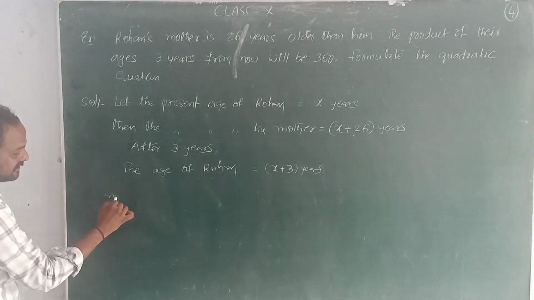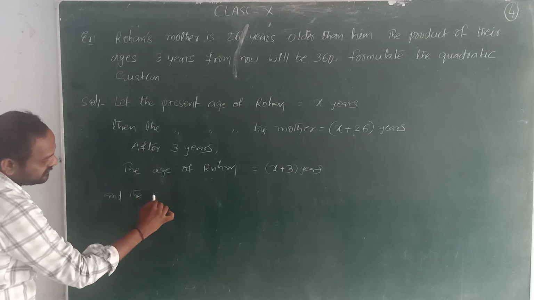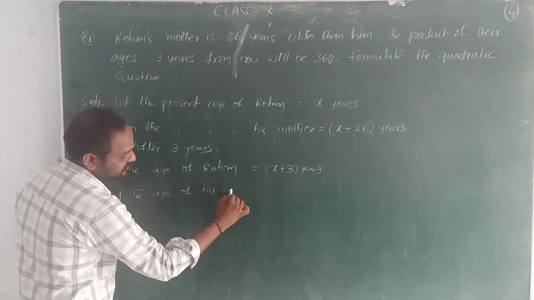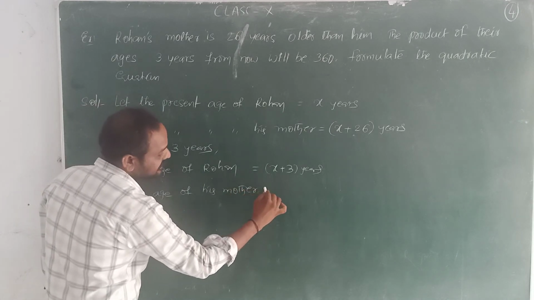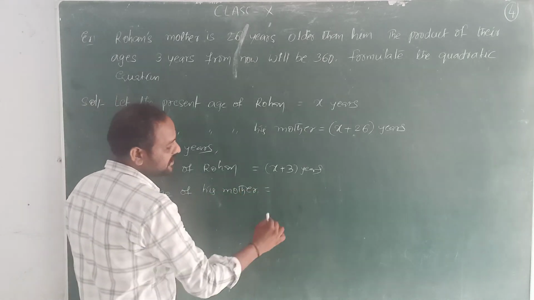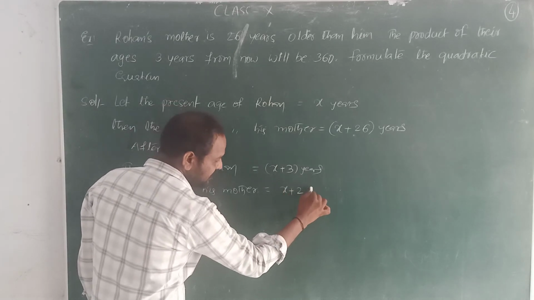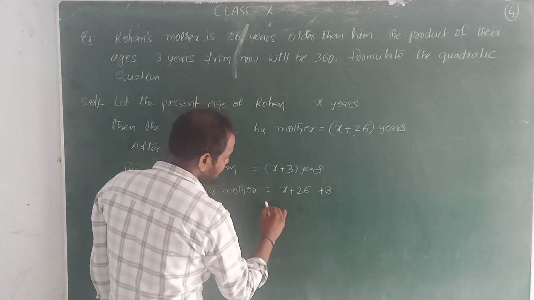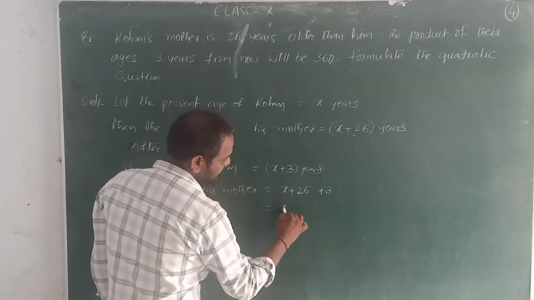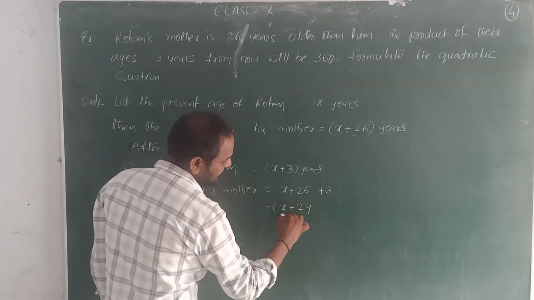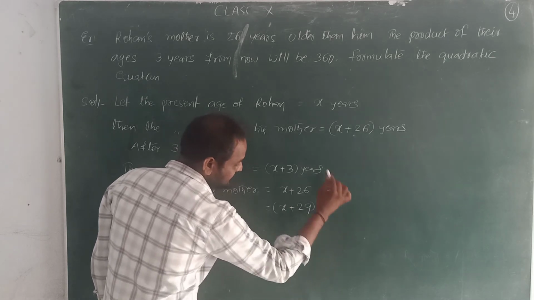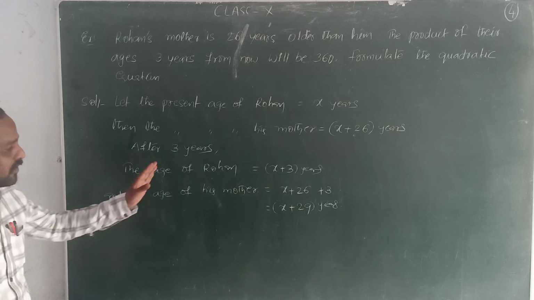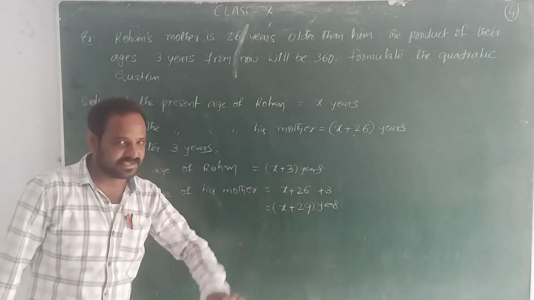And the age of his mother becomes X plus 26 plus 3, that is equal to X plus 29 years. So we knew now the age of both of them after 3 years.